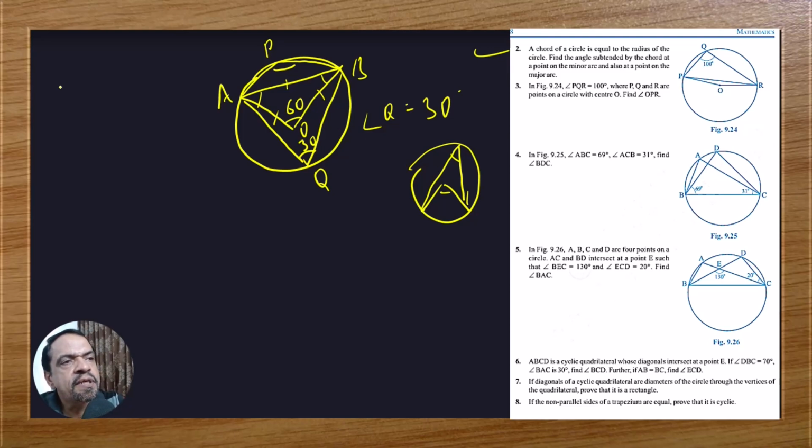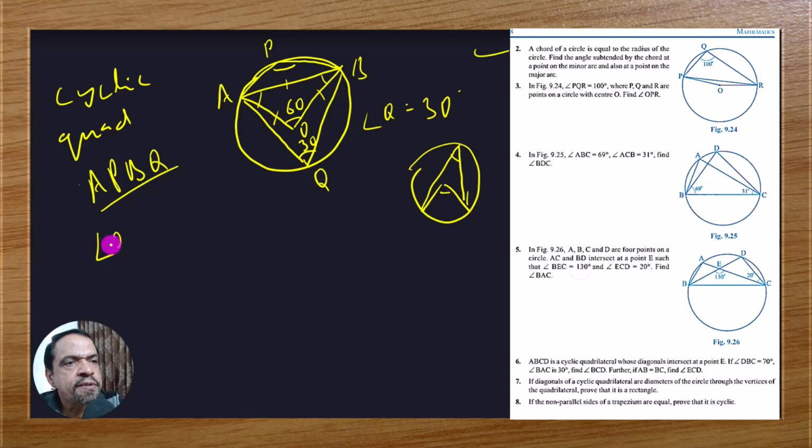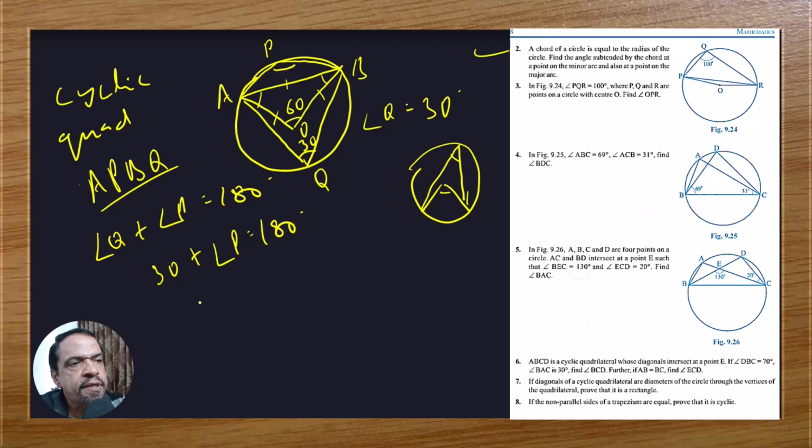Now see, in the cyclic quadrilateral APBQ, by the cyclic quadrilateral property, the sum of opposite angles is 180, supplementary. So Q is 30, which we calculated here, and the sum is 180.